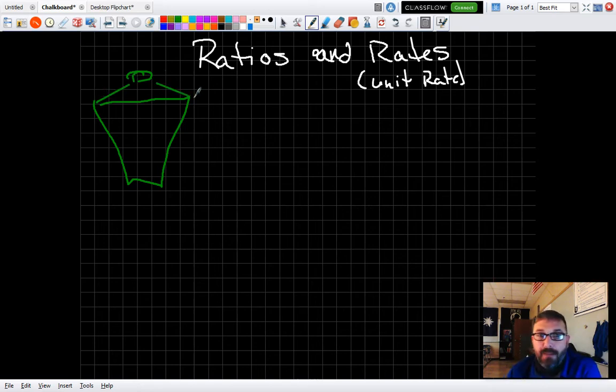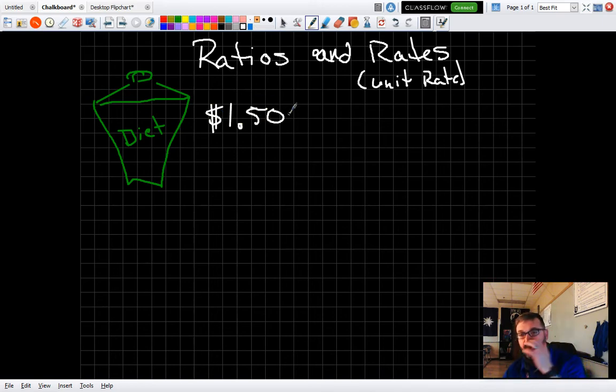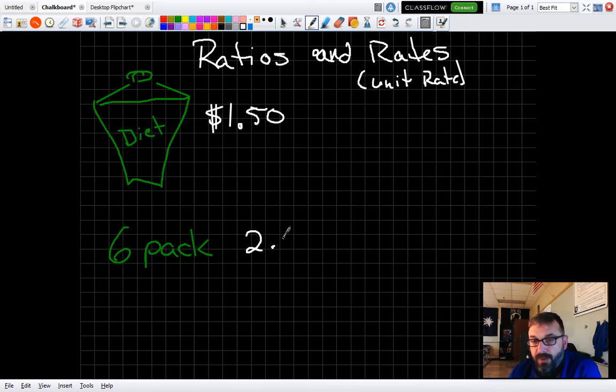That bottle of the diet bright green drink is usually somewhere around $1.50. Some places are $2, I get it, but generally it's $1.50. But if you go into the store a little bit deeper, they'll actually sell you a 6-pack of those same bottles for $2.50.